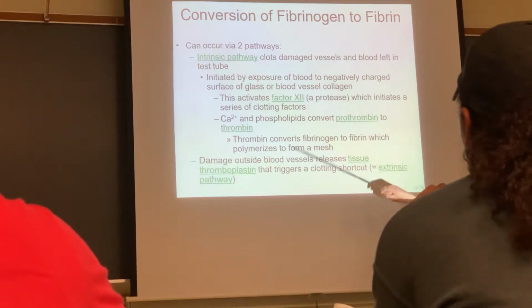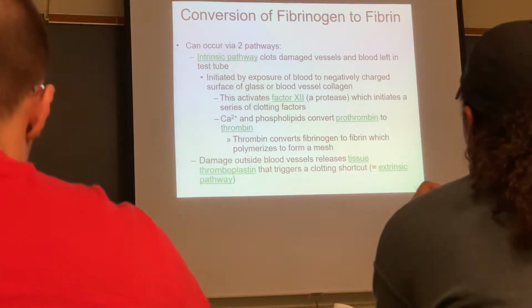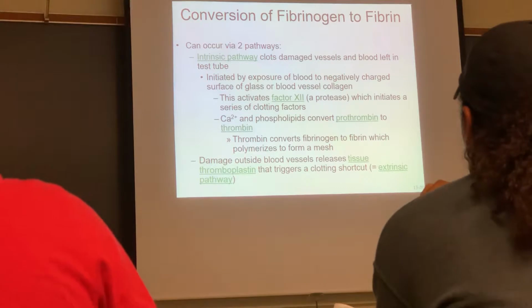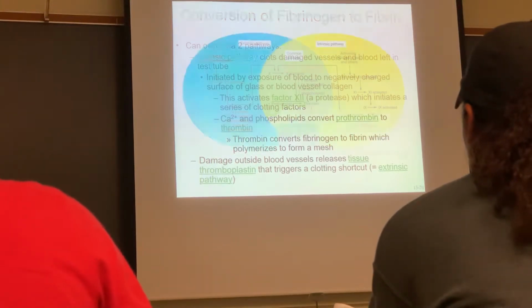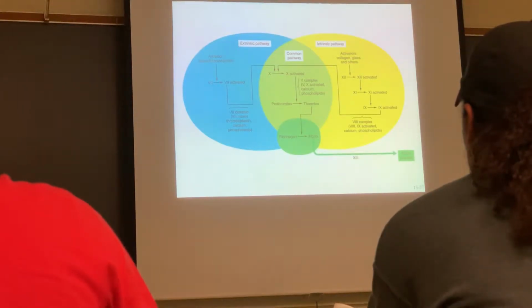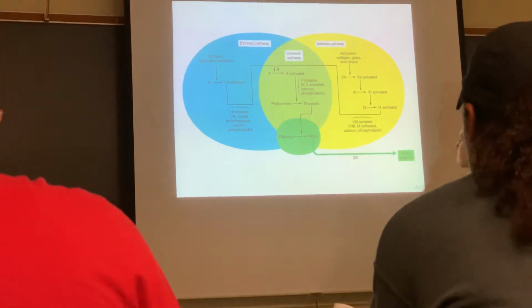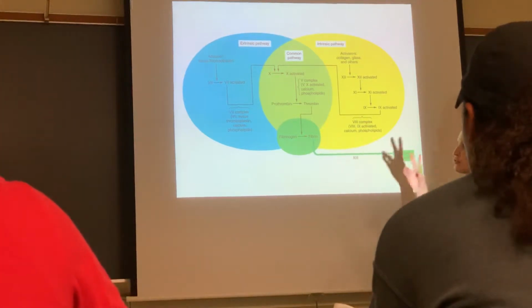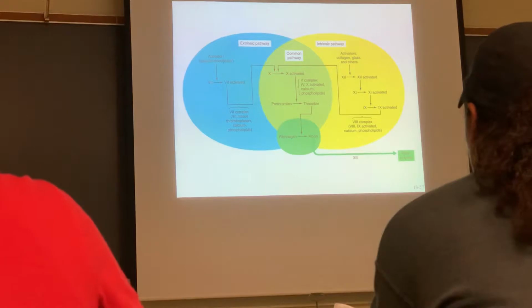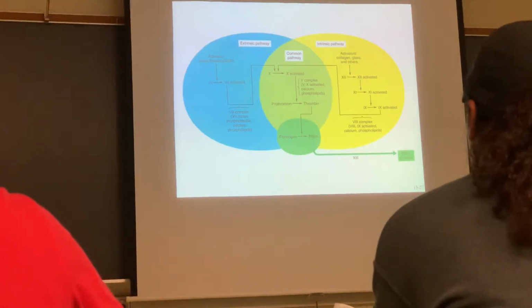And there are two pathways, and what I'm going to do is skip this slide. It's narrative of what I want to explain, and just go to this slide. Okay, so first of all, there are two pathways which can lead to fibrin.